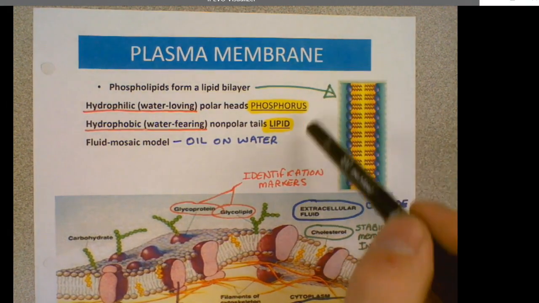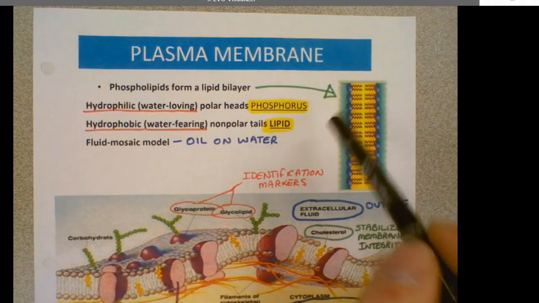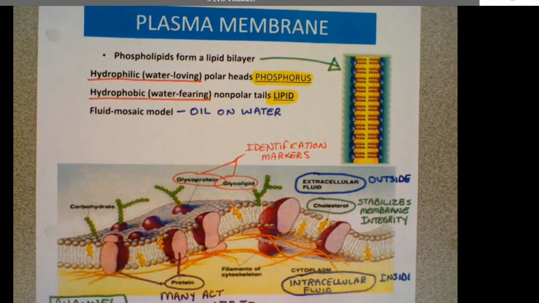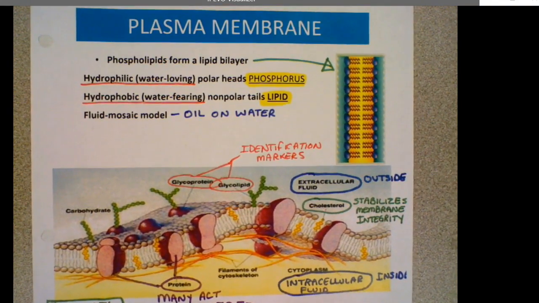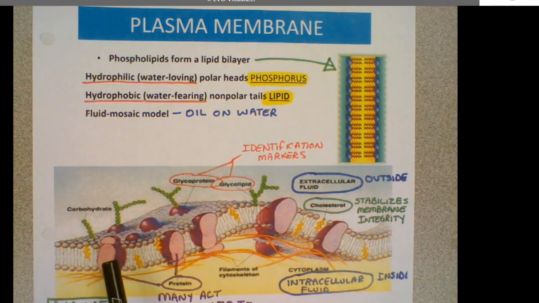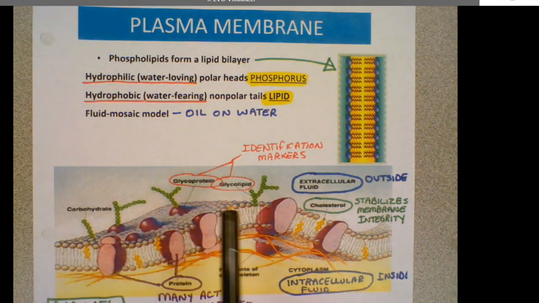Now this is primarily what the plasma membrane is made out of. It also has some other components, and that's what this picture underneath it is showing. These other components are going to be things like proteins and fats, glycolipids, glycoproteins, cholesterol, throughout this phospholipid bilayer.